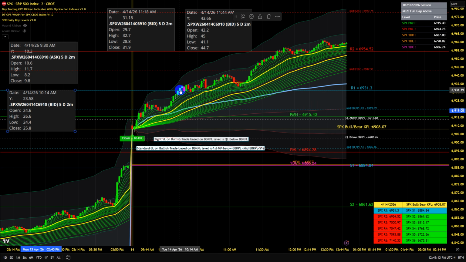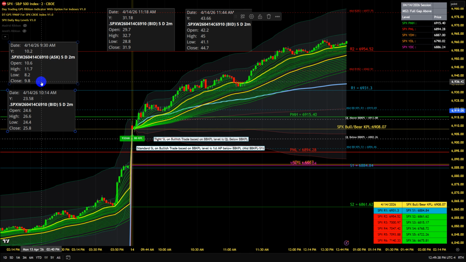Here on the 10:14 a.m. candle, we have a hit of the R1 level. Here we have the bid on the candle close, 25.80. When you purchase this option, remember that every option you multiply times 100, and that is going to be your cost for one option.